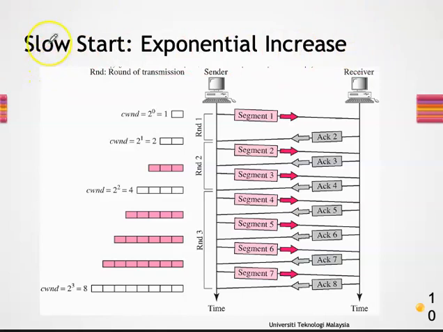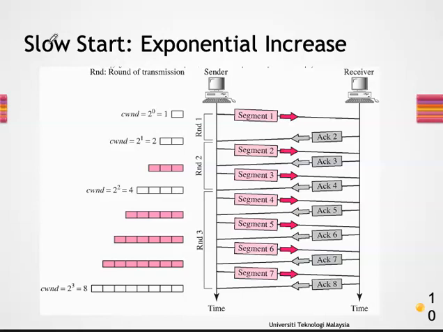In this example, we assume that CWND is smaller than RWND. So I repeat, we assume the congestion window size is smaller than the receiver window size. Hence, for the sender window size, we take the minimum one, which is CWND, the congestion window size.